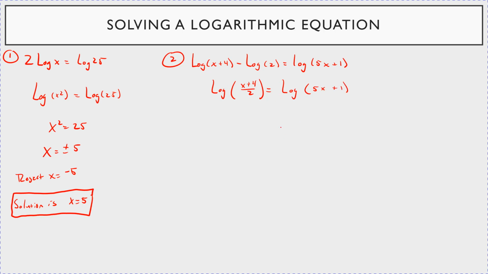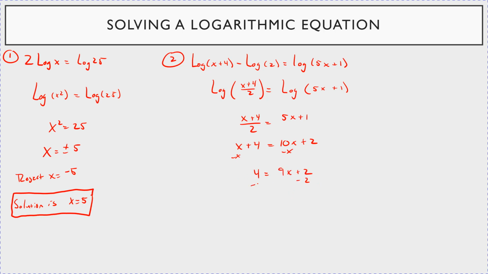Now look, the base is the same, so you just have to solve x plus 4 divided by 2 is equal to 5x plus 1. Just multiply both sides by 2: x plus 4 is equal to 10x plus 2. You're going to subtract an x over, so you get 4 is equal to 9x plus 2.